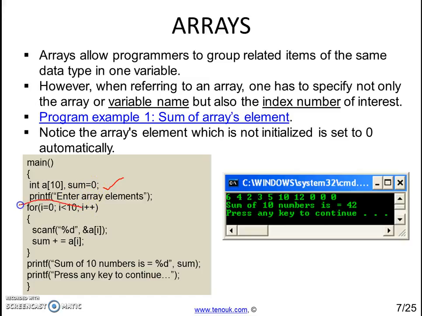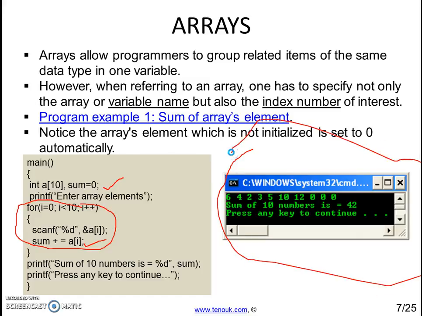In this first loop, we are entering the values into the array with a for loop. We are scanning values, and this is the ampersand operator, which means we are storing the values into the particular contiguous locations of the array. Then in the next statement, we are adding the values of the array, and after the loop, we are printing the sum. This is the output that you can observe in the C prompt.